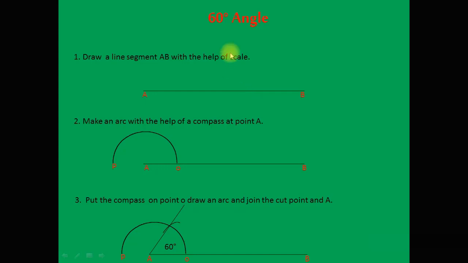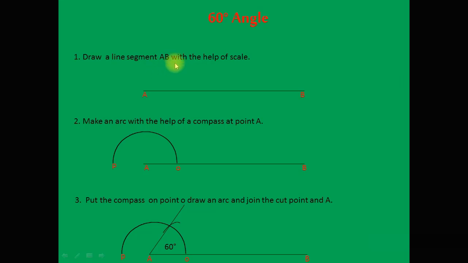To start the construction, first let's construct an angle of 60 degrees. First of all, draw a line segment AB with the help of a scale, using a ruler.